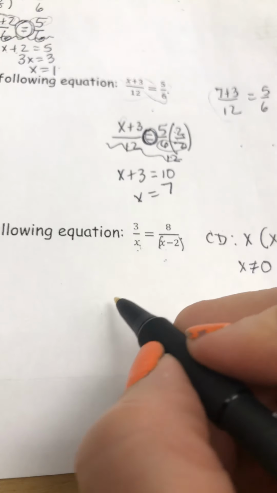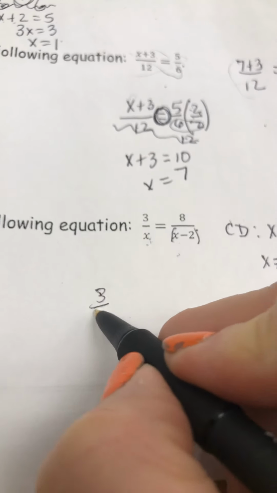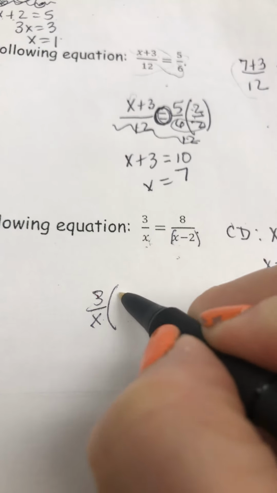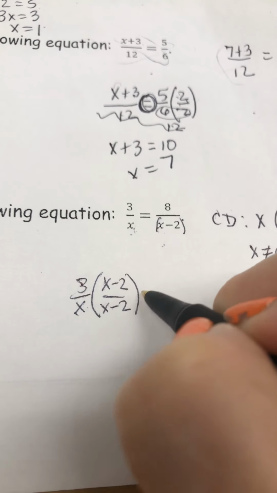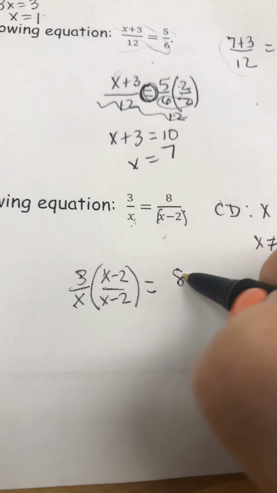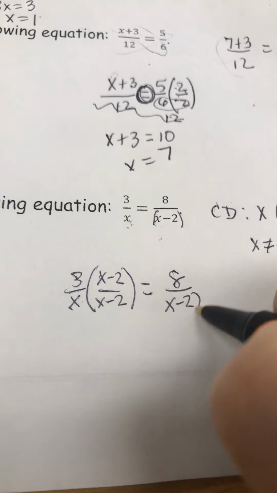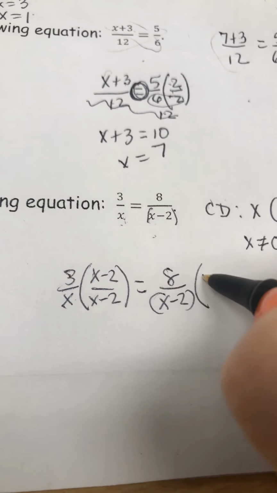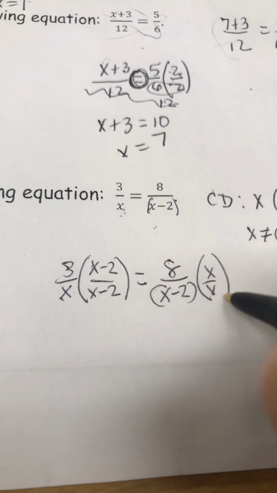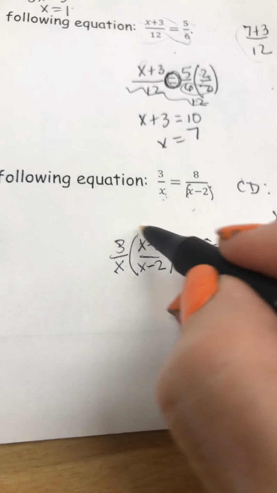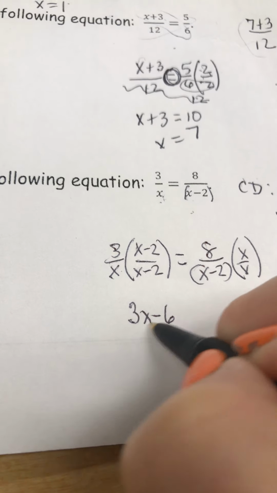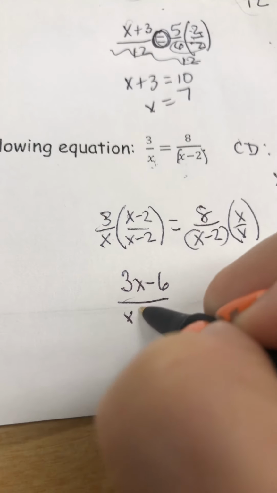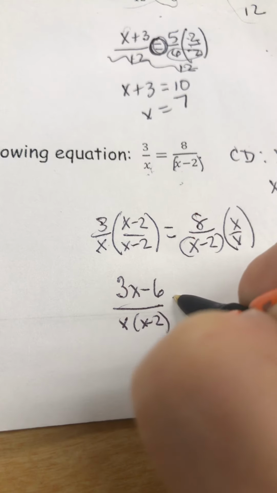So let's get our common denominator. So we have a 3 over x. It is missing the x minus 2. The 8 over x minus 2 is missing the x. So this, we distribute the numerator, we get 3x minus 6 over x times x minus 2.